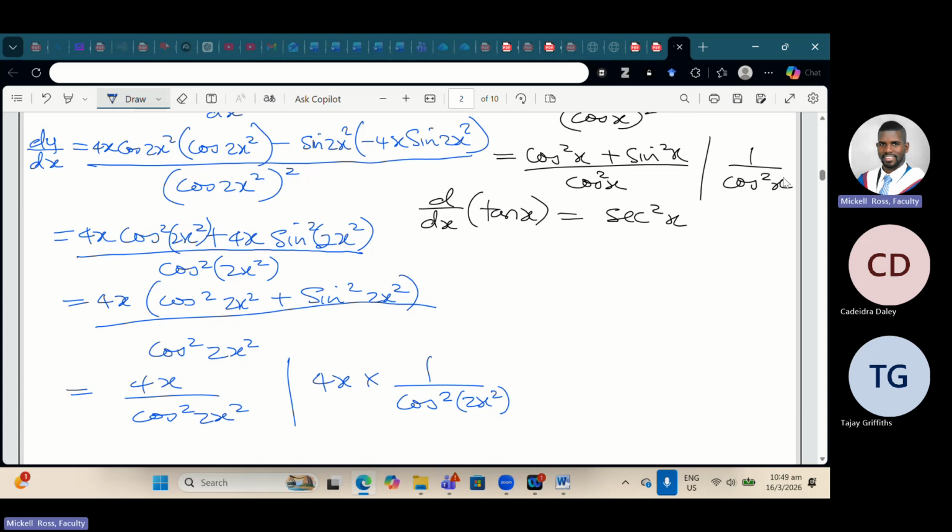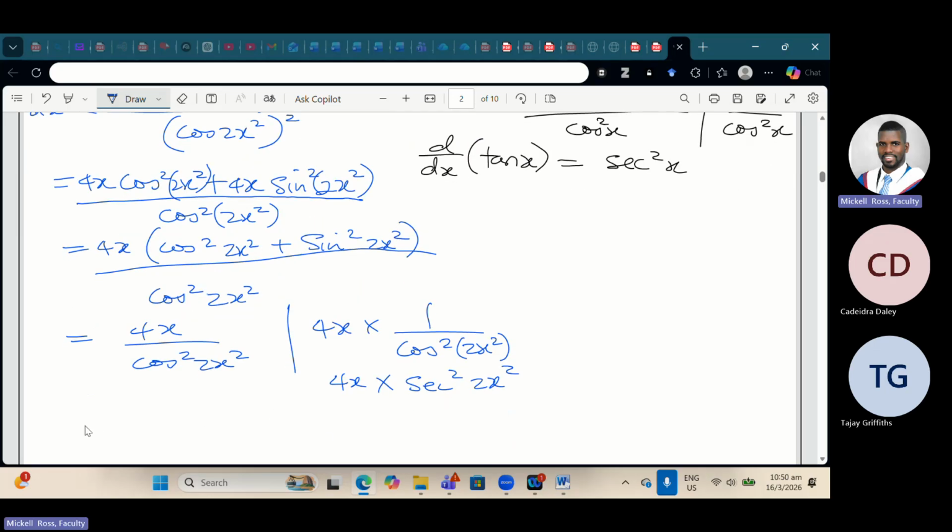So 1 over cos squared of the angle gives us sec squared of the angle, which is 2x squared, and you're multiplying by 4x. So it's going to equal 4x sec squared 2x squared. That's what you would get for your final answer.